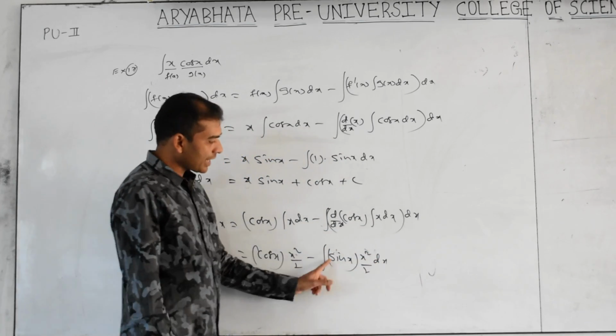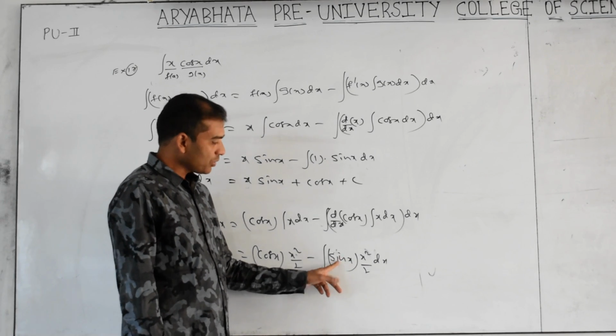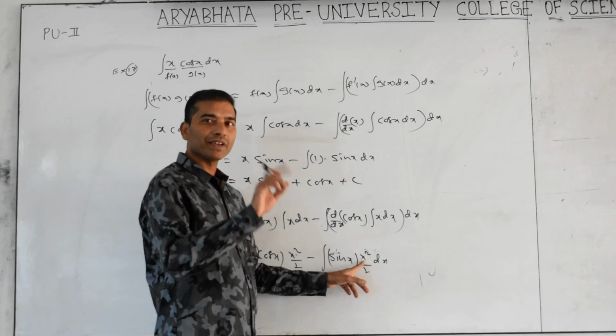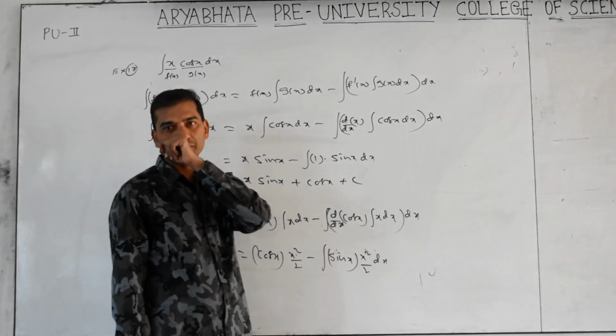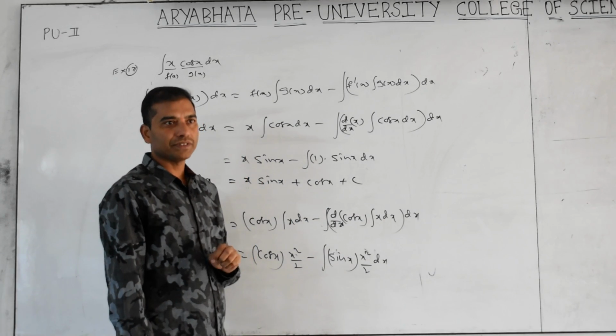See, the power is increasing. Again it is u into v, and if you continue, the next step gives x cube. The power keeps increasing, so the integration never ends. That's why the selection of the first function is most important.